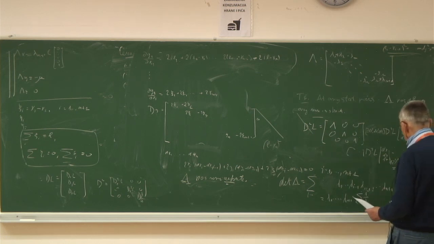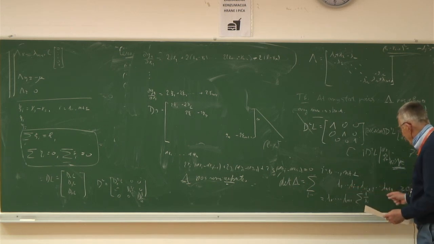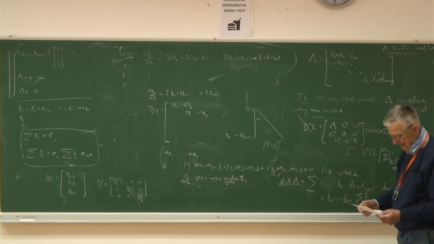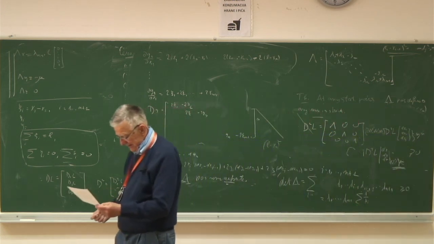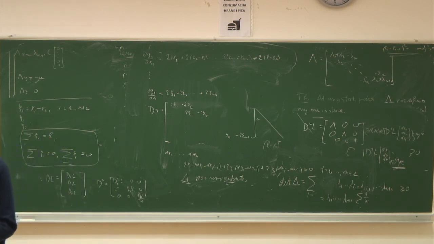But if some of them is 0, then only one term of this sum is remaining, and all others are then positive. So it is positive definite. Well, this proves the theorem.